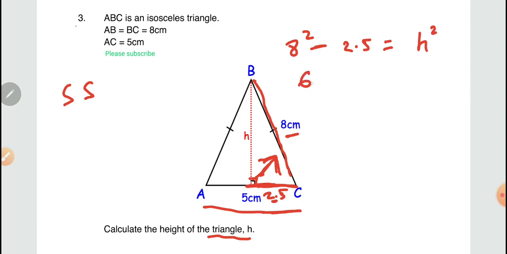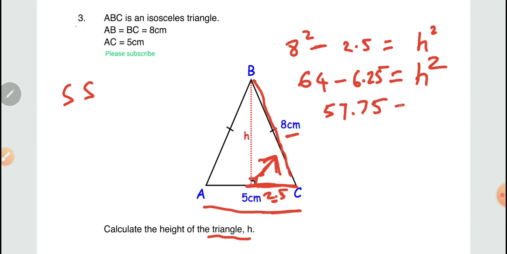So 8 squared is 64, take away 2.5 squared is 6.25, is equal to h squared. So 64 minus 6.25 is 57.75, is equal to h squared.